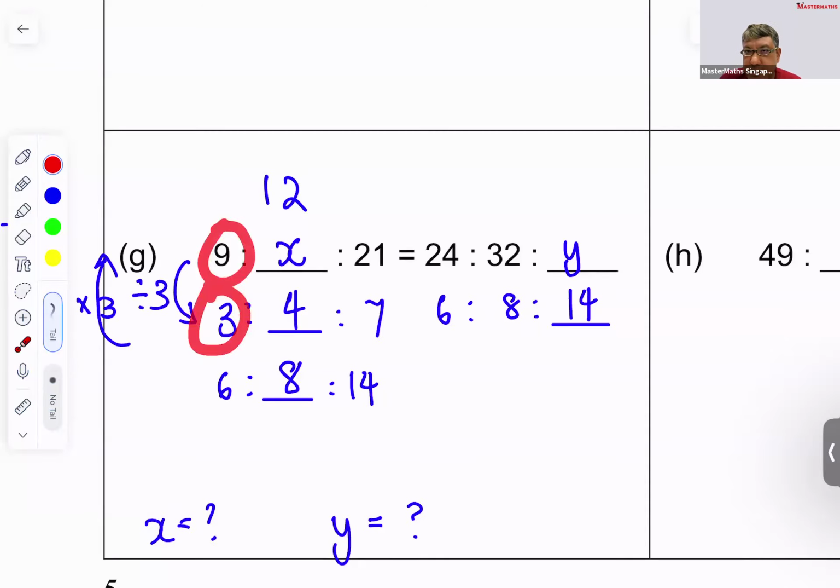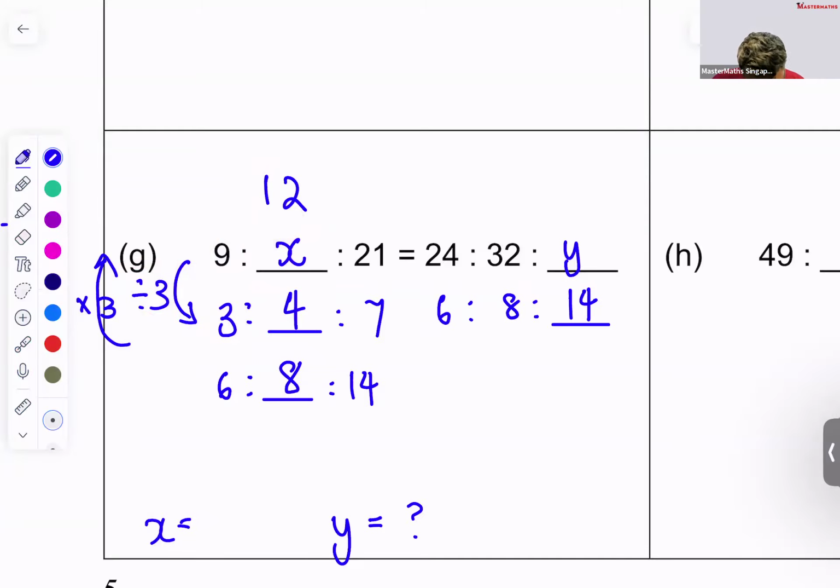How did I get a 3 here? I divided by 3. Right? Now, I want to say, here is a 4. What is the number here? The number I divided by 3, I get 4. What is that number when I divide by 3, I get 4? The number is 12. So x is 12.